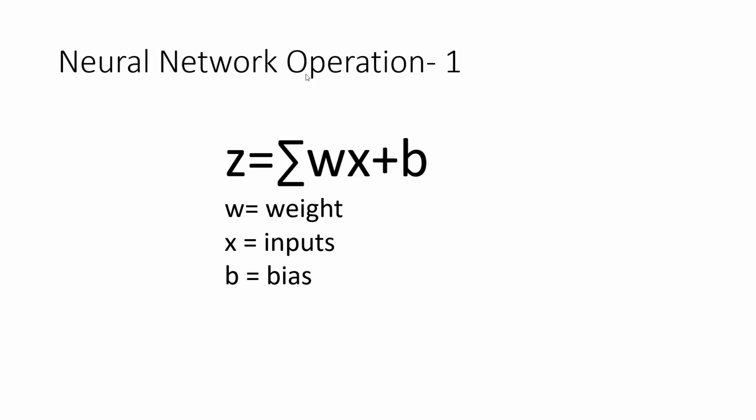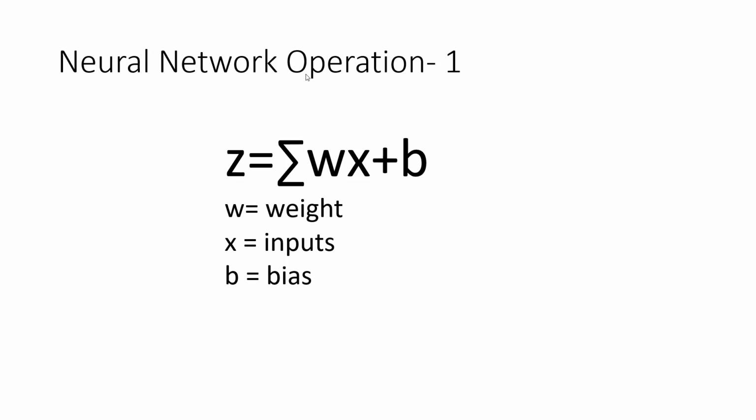Weights are basically random values which are generated. If you have already gone through my video on the neural network where I have used R, I have shown you that these weights are generated automatically and randomly by the model. So these are random values. Bias is used because if weights are initialized to 0, the product of weight and input will also become 0, which cannot be used in the calculation.